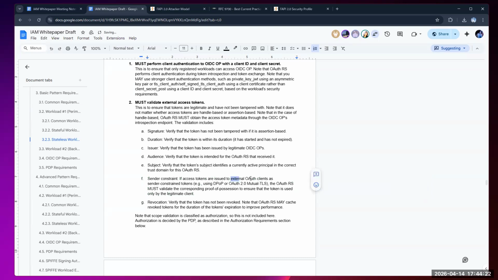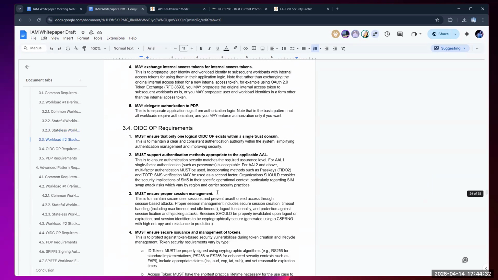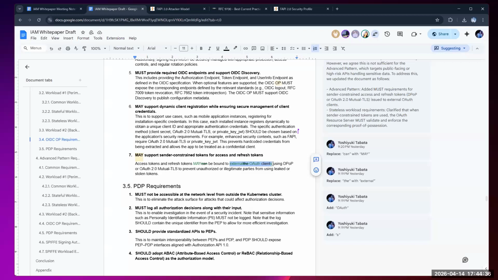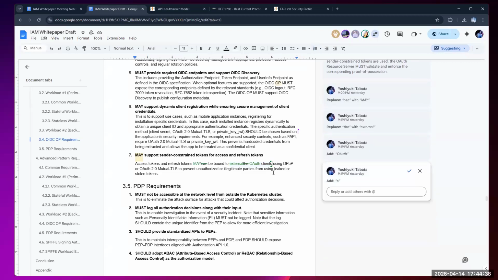And how about limiting the client to external OAuth clients? Yeah, this change. Maybe we cannot adopt sender constrained access tokens for the client in Kubernetes because they use SBIT for client authentication.